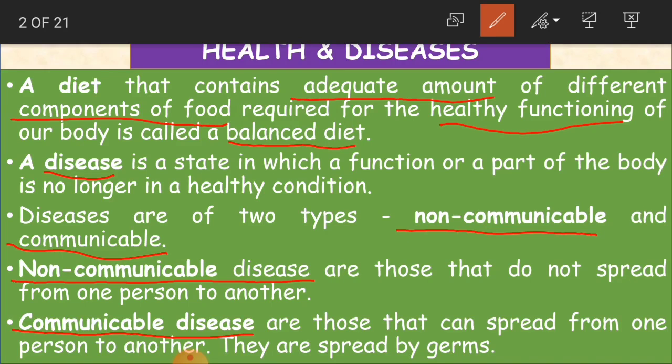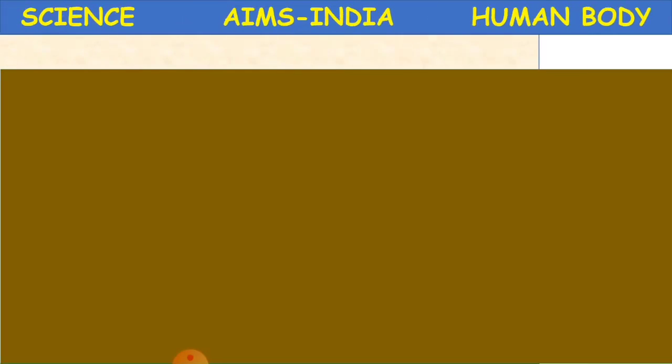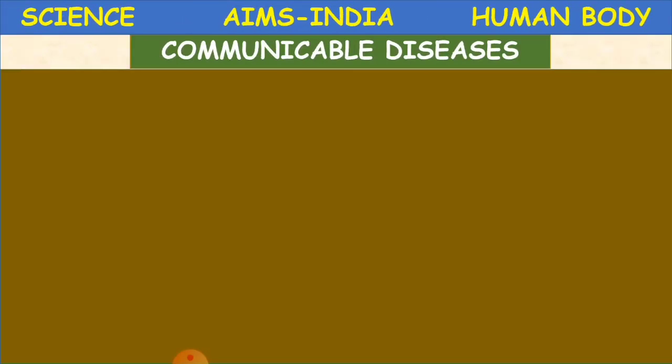For example, right now we are facing a big difficulty with this disaster, that is coronavirus. It is a communicable disease. Like this we have some other diseases which spread from one person to another, and they are spread by germs. Okay children, so diseases are of two types, communicable and non-communicable.